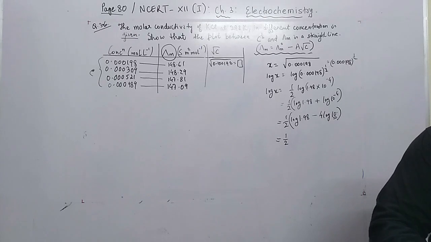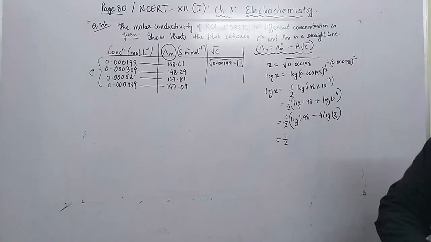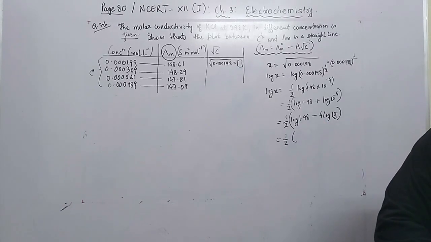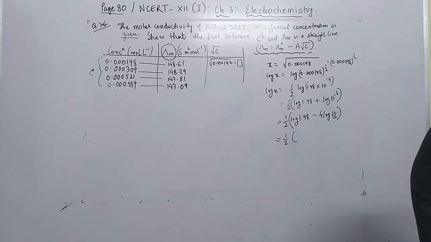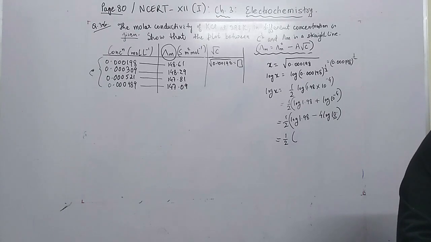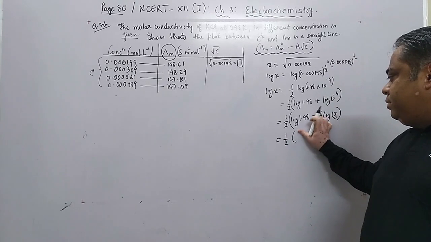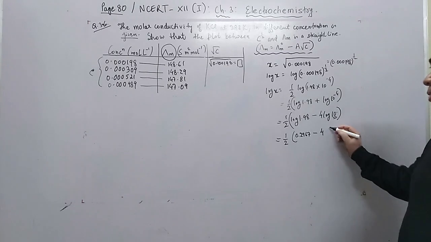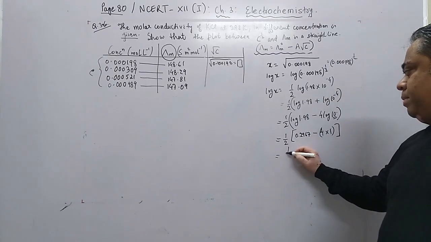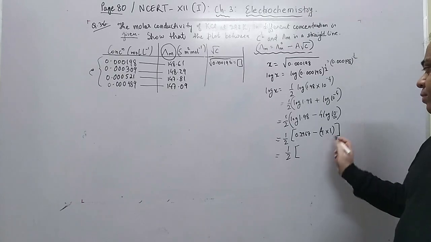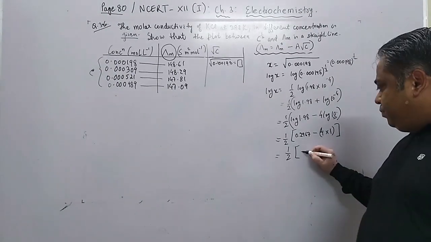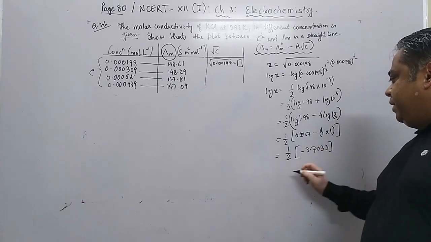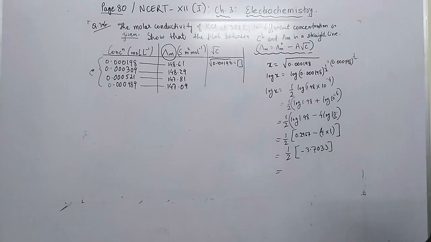In this log table, for 1.98 we see 19 under the column of 8, it's 296. We will write 0.2967 minus 4, and log 10 is 1. So it will become half of minus 3.7033, divided by 2.